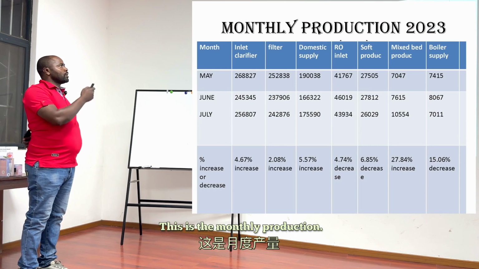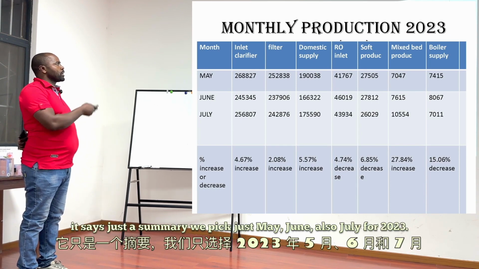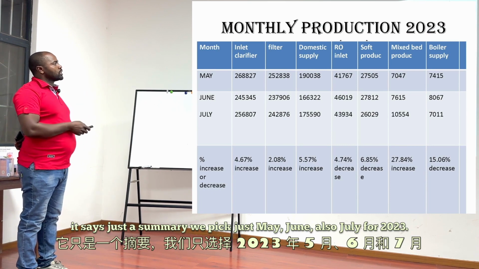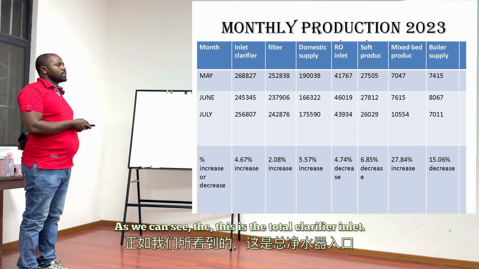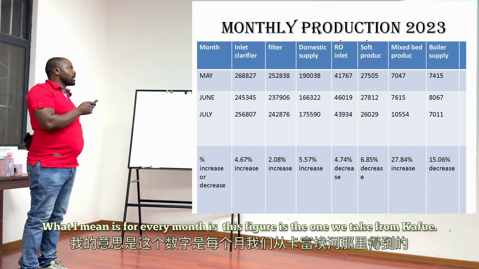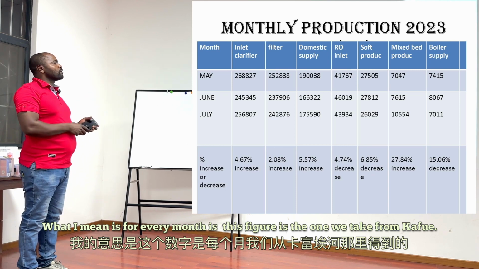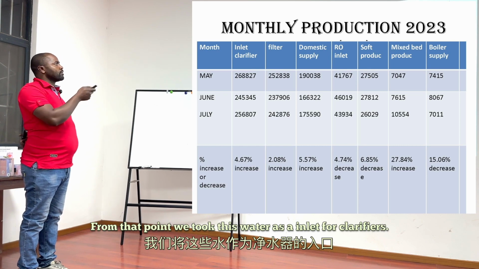This is the monthly production. It's just a summary. We picked May, June, and July for 2023. As we can see, this is the total clarifier inlet water for every month. This is the figure we take from Kafue. From that pond, we take this water as the inlet for the clarifiers.